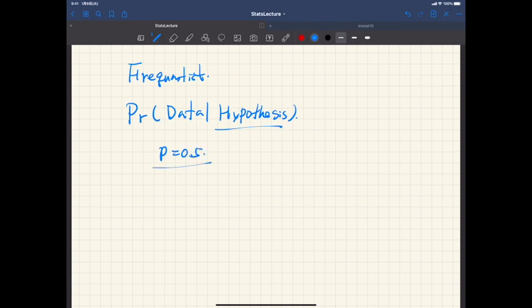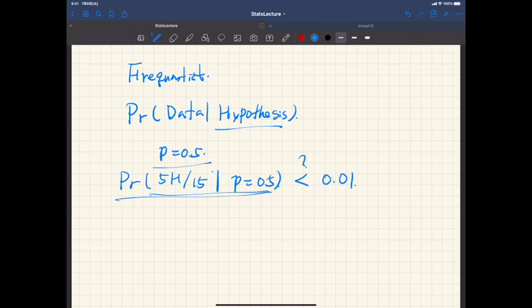Based on that, we calculate the probability of obtaining 5 heads out of, let's say, 15 flips, given the hypothesis that the coin is fair. We may calculate this probability using the binomial distribution. If this probability is very small, for example less than 1%, then we reject the hypothesis that the coin is fair.